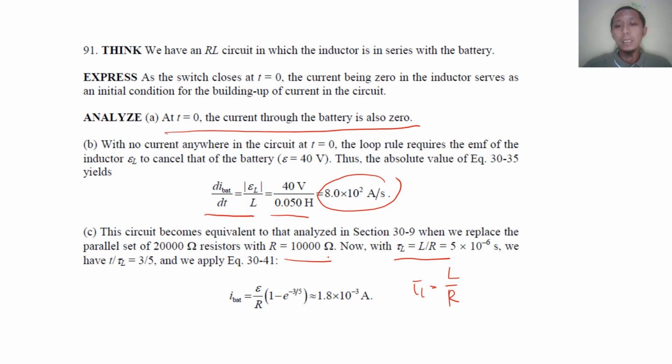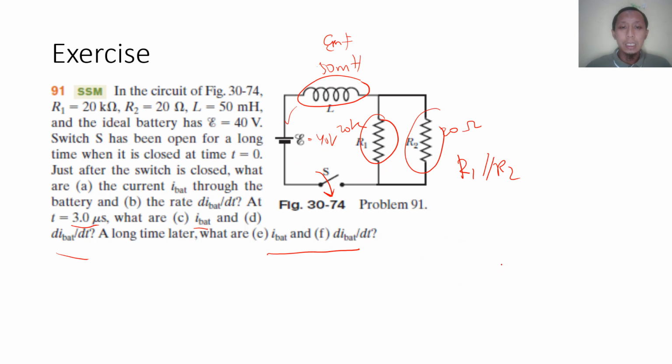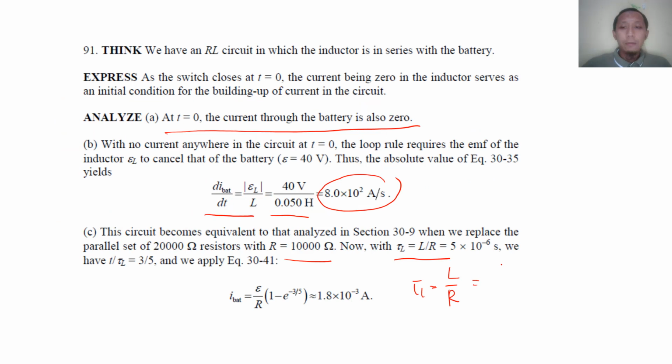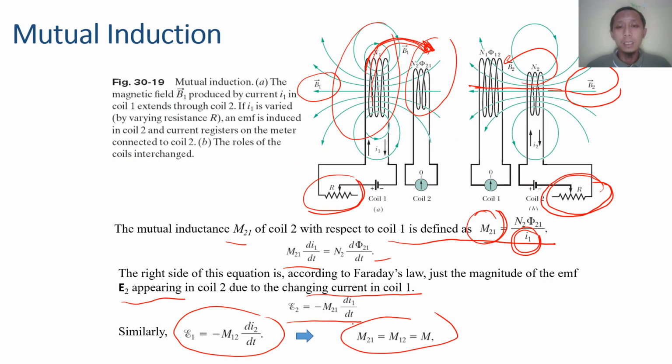Tau_L is L per R, so L is 50 millihenry per 10 kilo ohm. So we get 5 times 10^-6 seconds. So we apply this formula here.